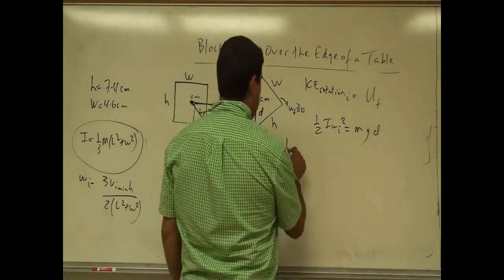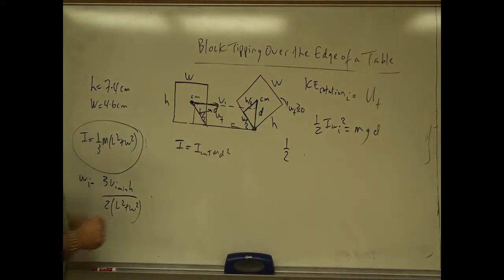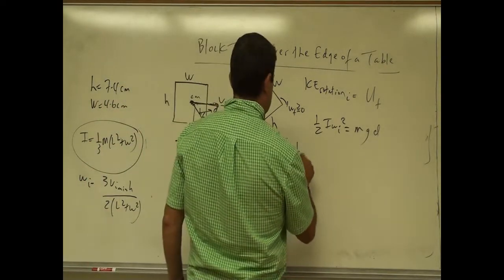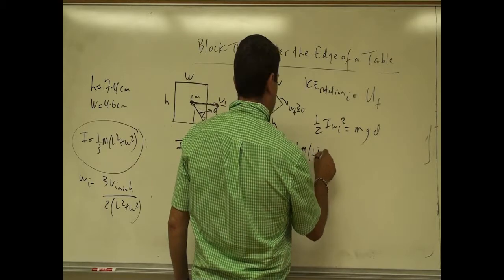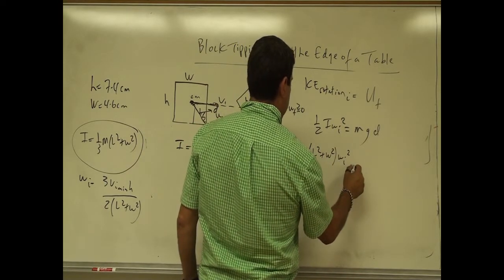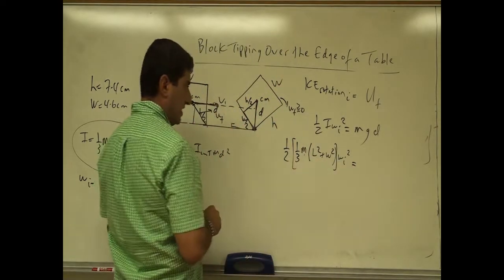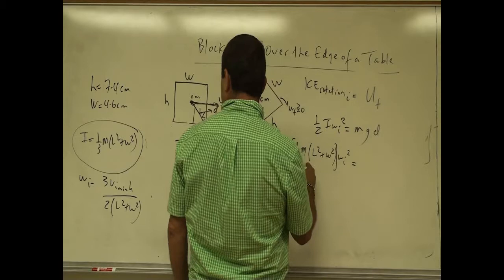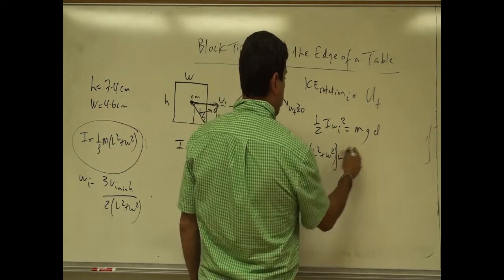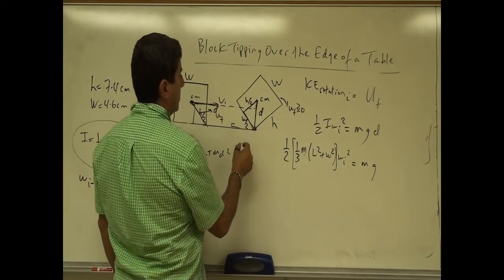Okay, well now we can put down the moment of inertia, which is going to be 1/3 m times L squared plus W squared, omega initial squared, right? And then that's going to be the moment of inertia, and then the omega initial squared, and then mg, and then the d is going to be what?